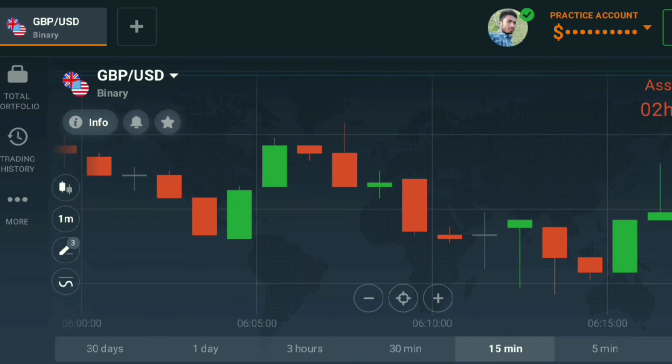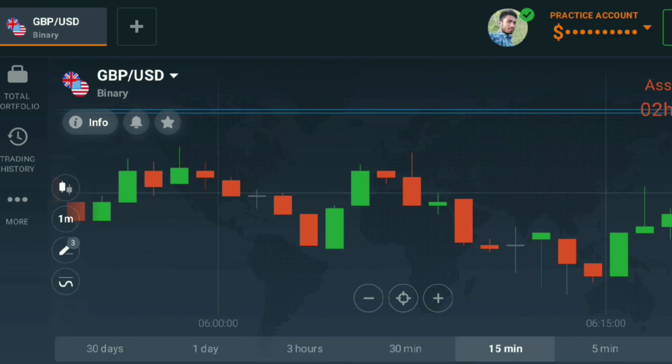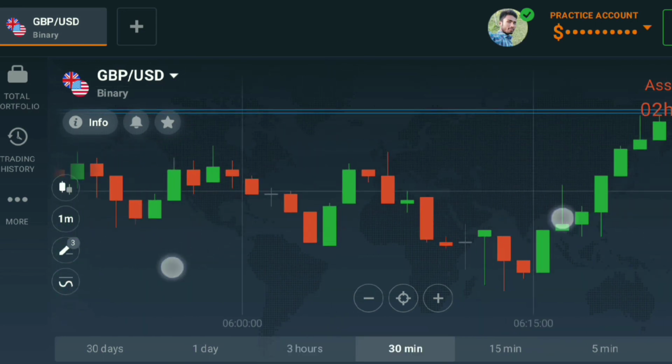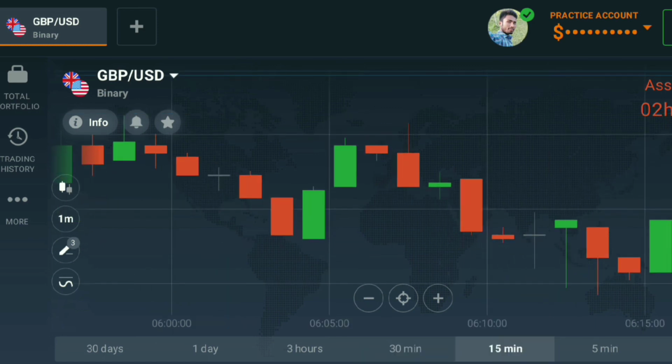And here you can see it looks like an evening star pattern in an uptrend, right? If it is an evening star pattern in an uptrend, then it will also not work properly, because after this evening star pattern you will find a retracement.